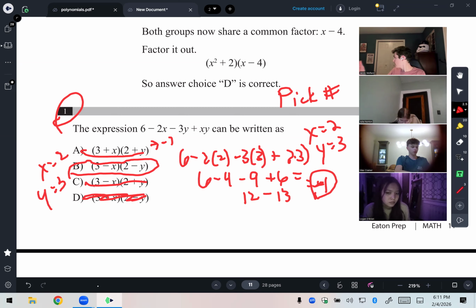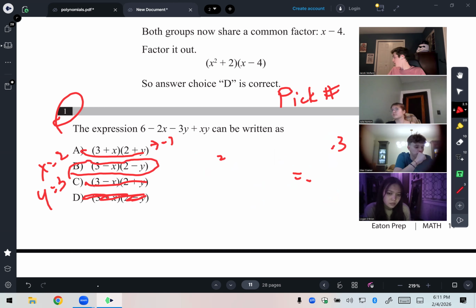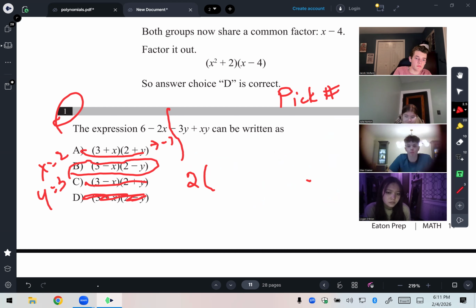So that's picking numbers. Now let's try how a math teacher would do it. And here's where it gets a little tricky. I'm going to divide it here. This part isn't too bad. I can factor out a 2, and I'll have 3 minus x.